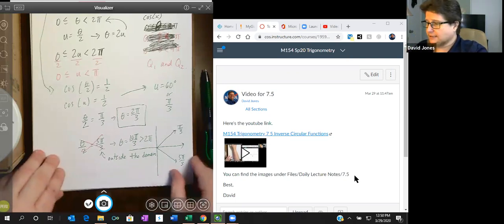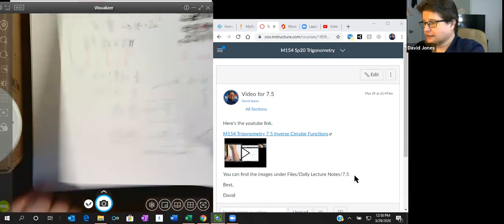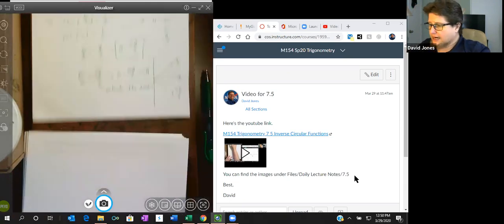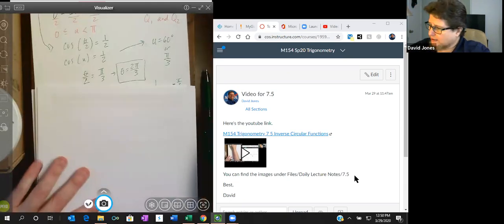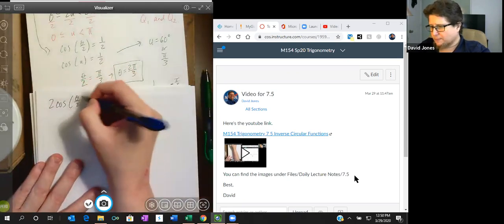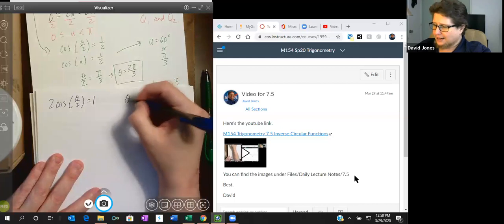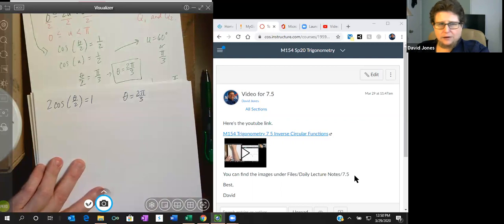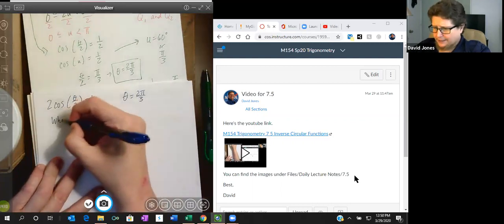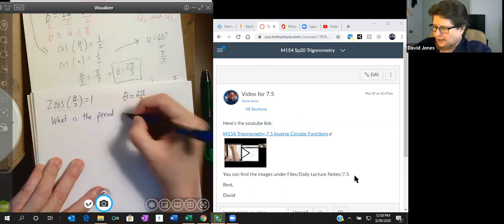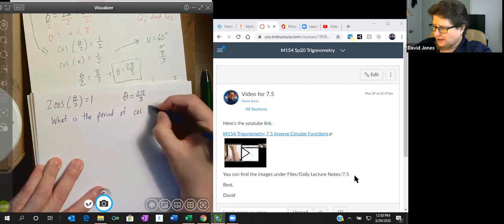All right. Let's look at all values. So we have 2 cosine, I'm going to rewrite the equation since I'm on another piece of paper. And I've got theta equals 2 pi over 3 is the solution. What is the period of cosine of theta over 2?